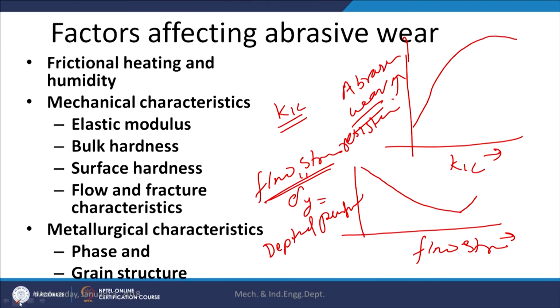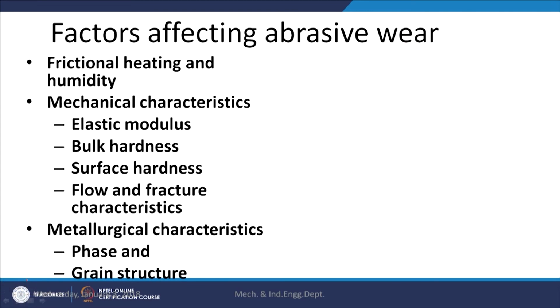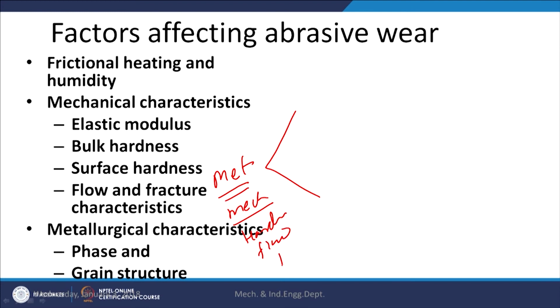Now, another important factor affecting the abrasive wear is the metallurgical aspect. We know that the metallurgical properties significantly affect the mechanical properties like hardness, flow stress, and fracture toughness. Therefore, it is important that efforts are made to relate the metallurgical properties with the mechanical properties and then their tribological properties.